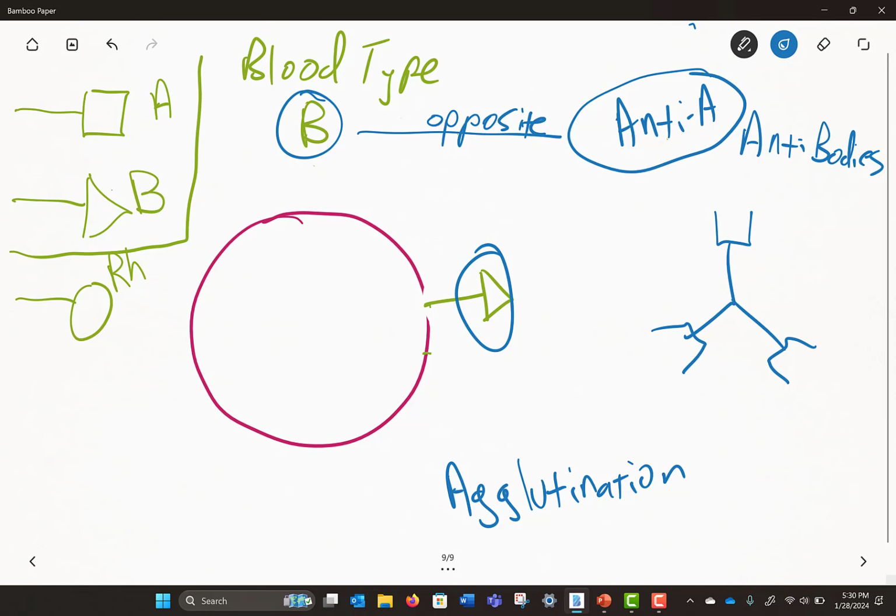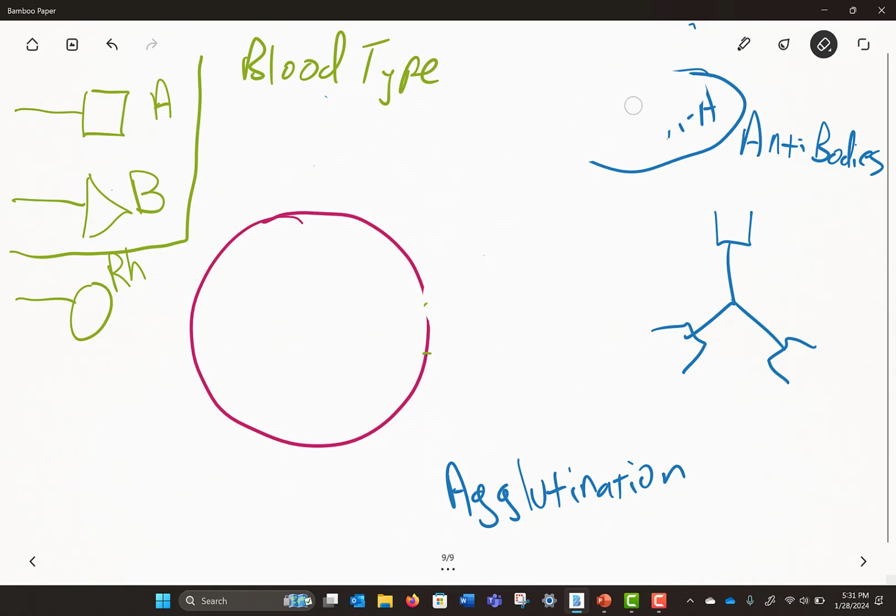Blood type A has A antigens and anti-B antibodies. Blood type B has B antigens and anti-A antibodies, like we have drawn here. Let's do just another example or two to make sure that this sticks in before we add to it.